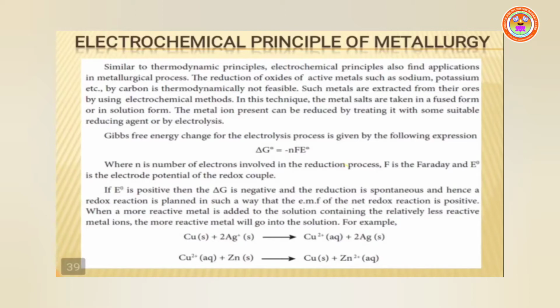If E naught is positive, then delta G is negative and the reduction is spontaneous. We know if delta G is negative, the reduction is spontaneous. When delta G naught will be negative, it means E naught is positive. Understand, children?